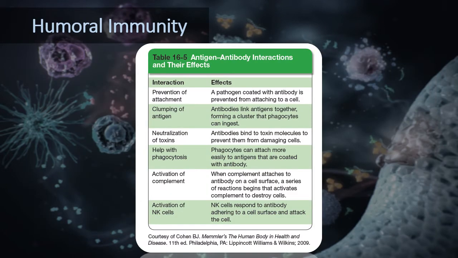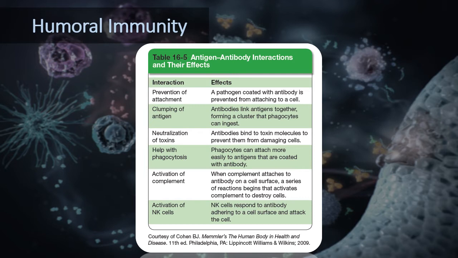So we have here the antigen-antibody interactions and their effects. First is the prevention of attachment. The pathogen, which is coated with antibody, is prevented from attaching to a cell. Next, we have clumping of antigen. Since antibodies link antigens together, the phagocyte can easily ingest the clumped antigen.